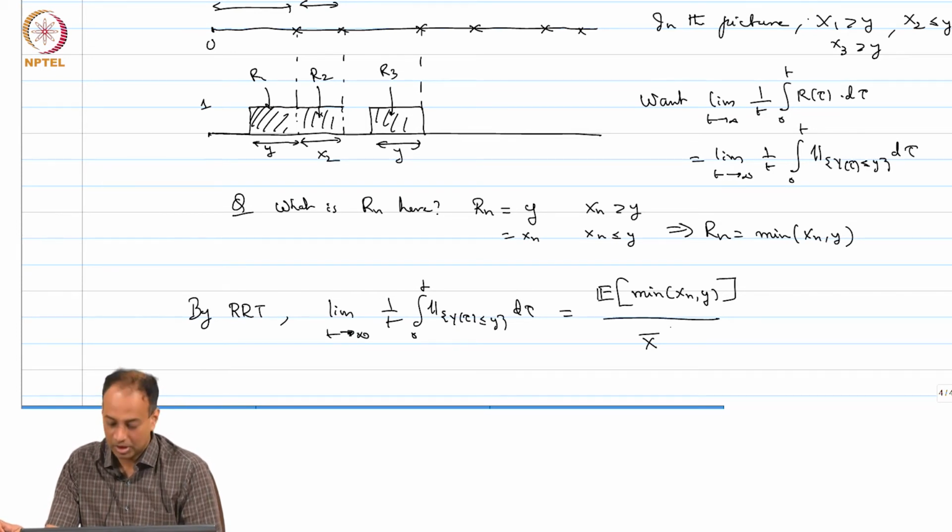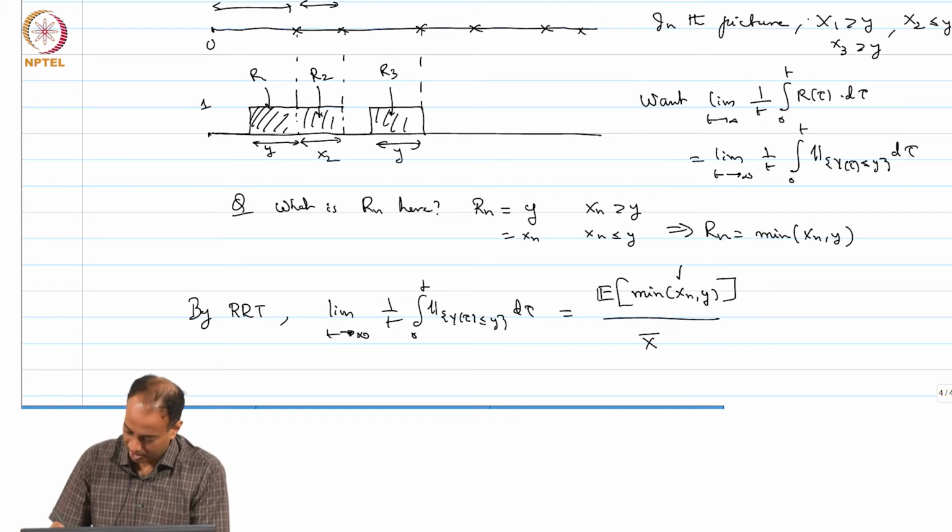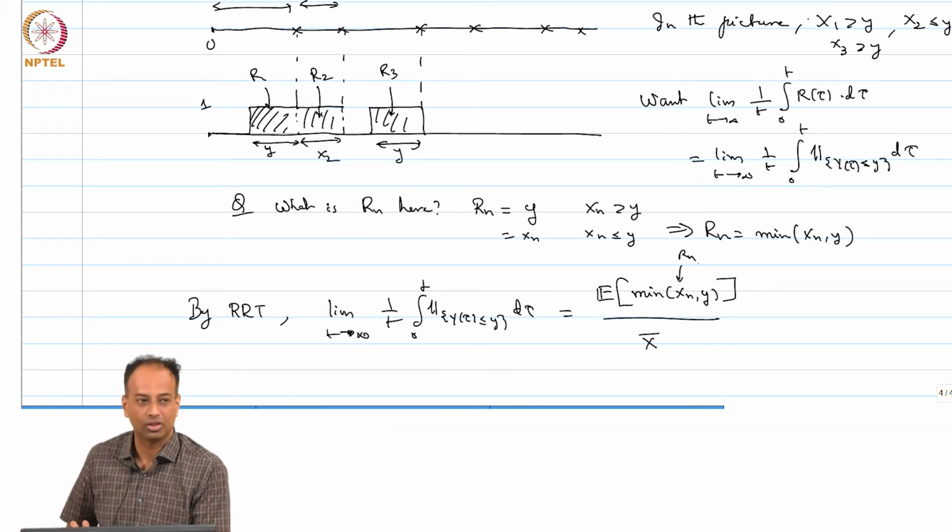Correct, because R n is min of x n comma y. So, expected R n is, I have just taken expected R n, that is all.